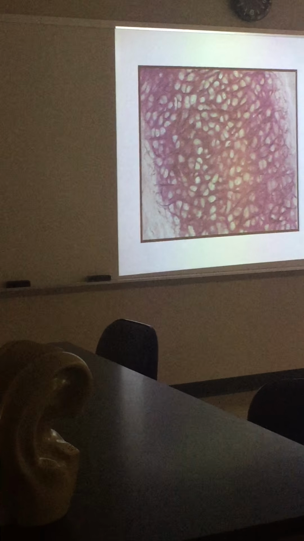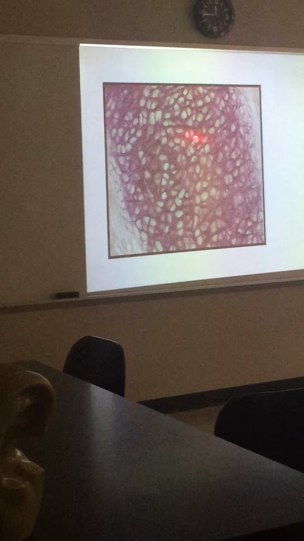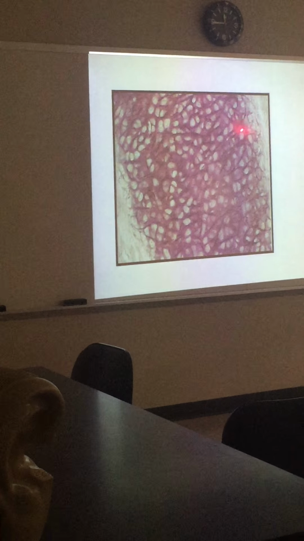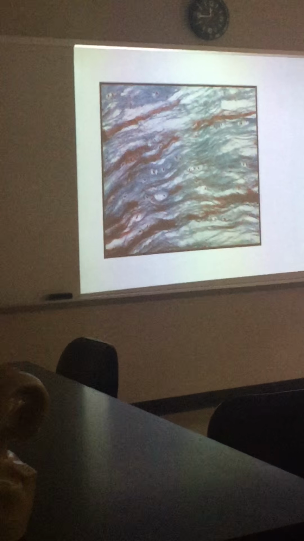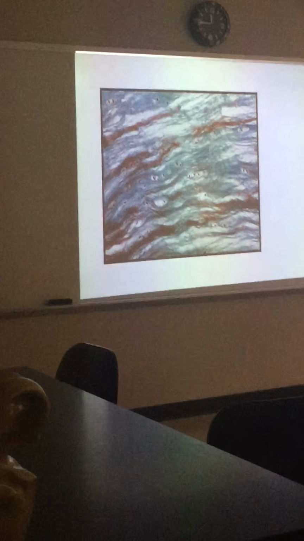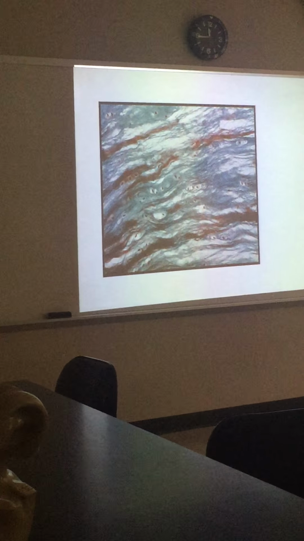This is elastic cartilage. We still have lots and lots of chondrocytes and lacunae all over the place, but we now have the fuzzy, long, black, elastic threads added in. This is fibrocartilage. We have chondrocytes and lacunae, but not very many of them.